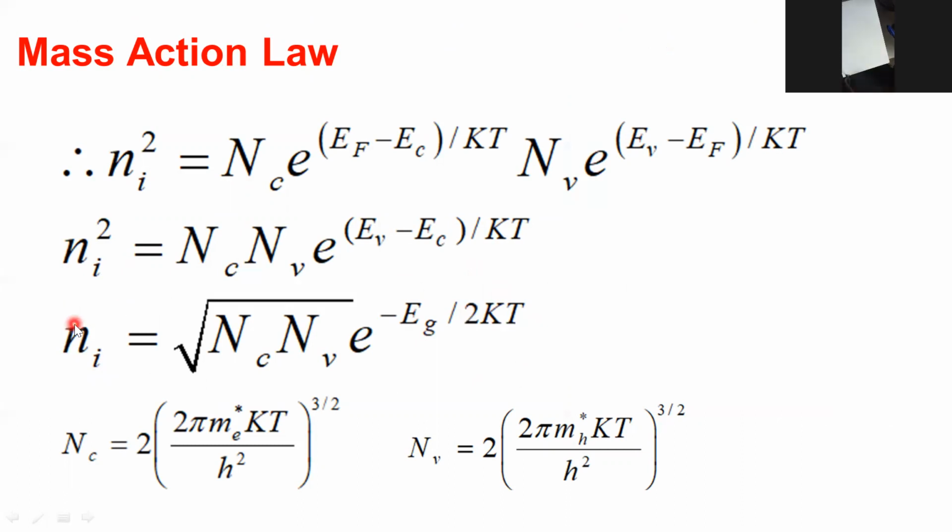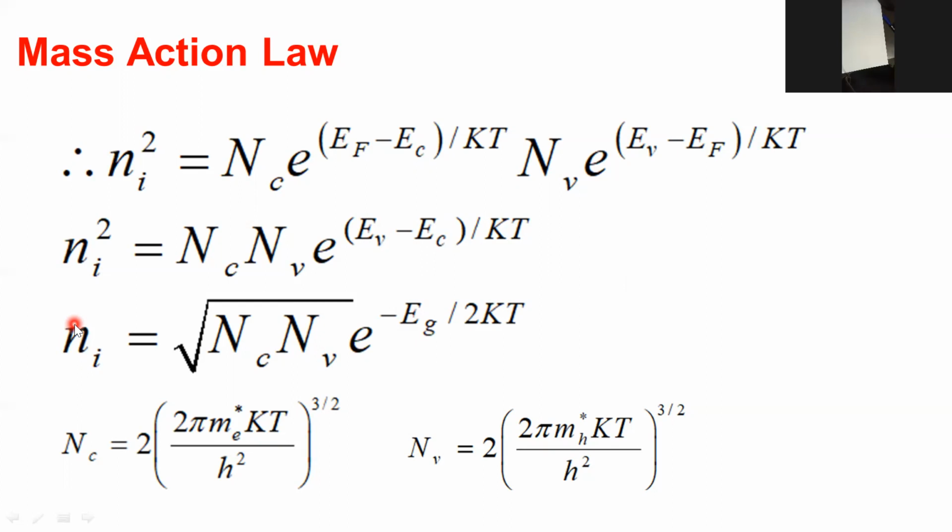Now, this is a very important observation. Ni, based on the definition we mentioned at the beginning of this lecture, is considered as the number of electrons that can leave the valence band and go to the conduction band due to thermal energy. Perfect. Now, what are the factors affecting this number?